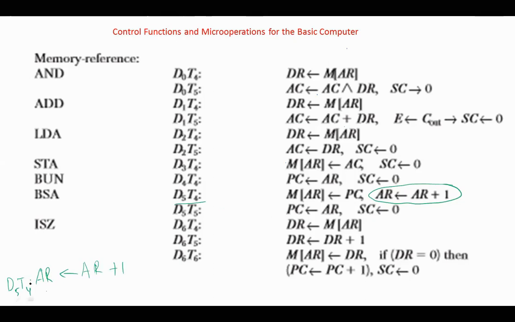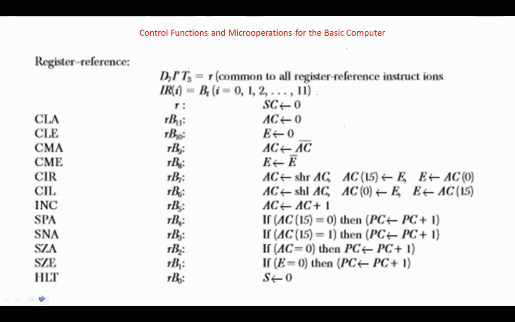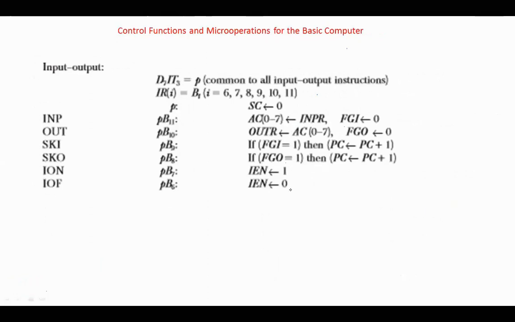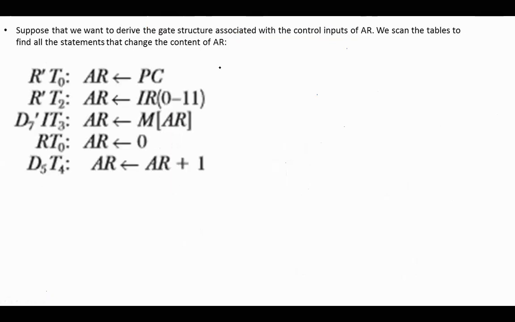Here we haven't any other operations, and in register reference instructions we haven't any operations, and on input output we also haven't. These are the statements that change the contents of AR.